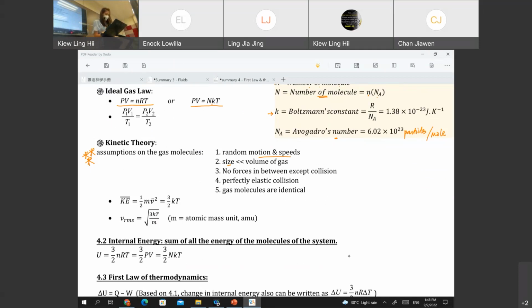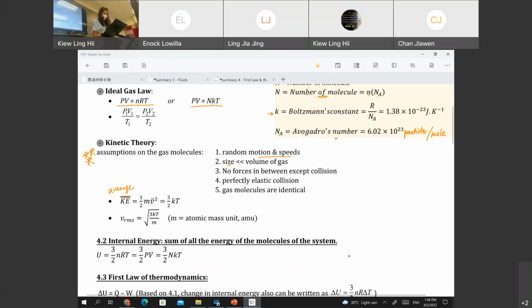And then the kinetic theory of particles, this is when you have a bar on top, meaning this is the average. So the average kinetic energy of a particle is given by half mv squared. The bar here shows that these are all average values. And it's also equal to 3/2 kT. Okay? So k is Boltzmann constant, T is your temperature.